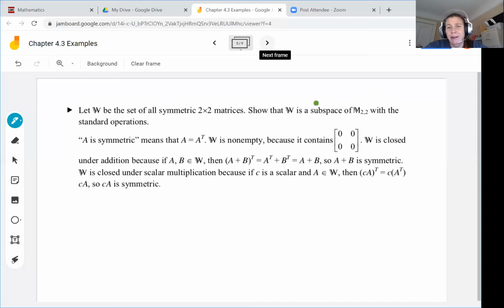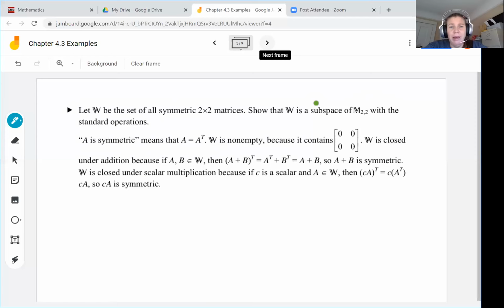For sure, we can say it contains the 0 matrix. W is closed under addition, because if A and B are in W, then A plus B transpose, we know that's going to be, by matrix properties, A transpose plus B transpose, which is just A plus B. So A plus B is also symmetric.